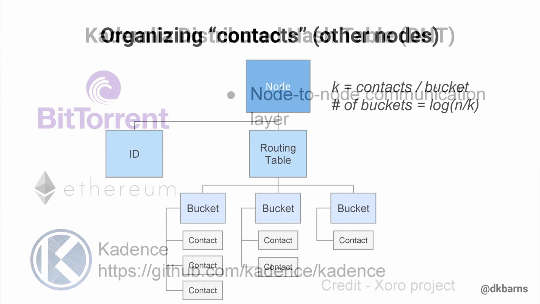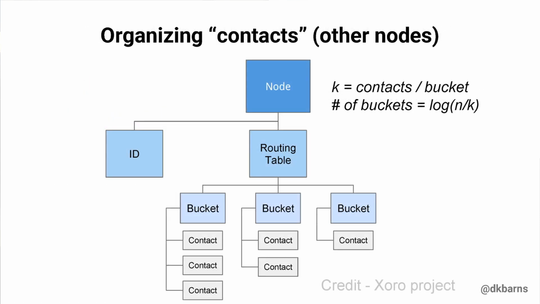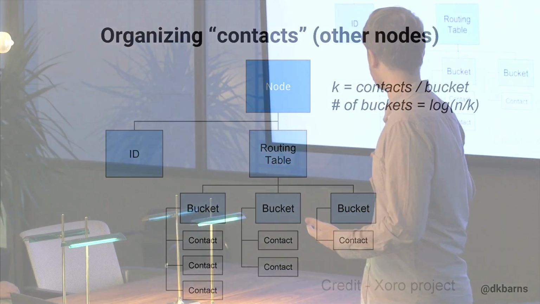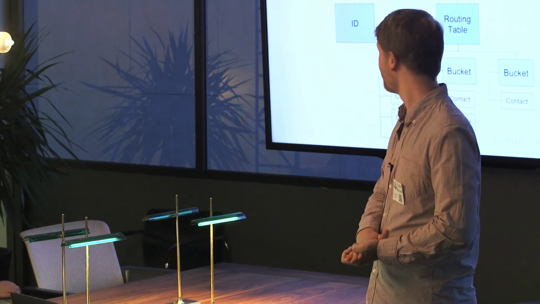So next, we are going to look a little bit more at what Kademlia does. Each node in the network has a routing table, which is a tree of buckets within a certain bit space. Each bucket, otherwise referred to as a K bucket, holds K number of contacts.